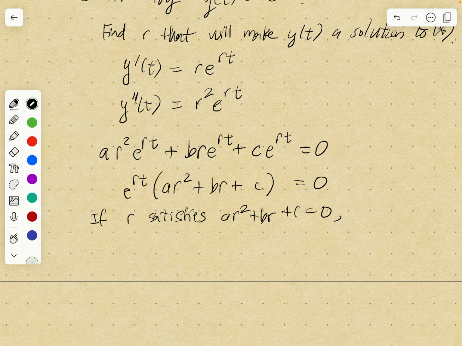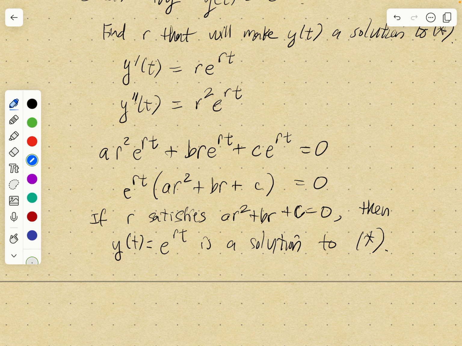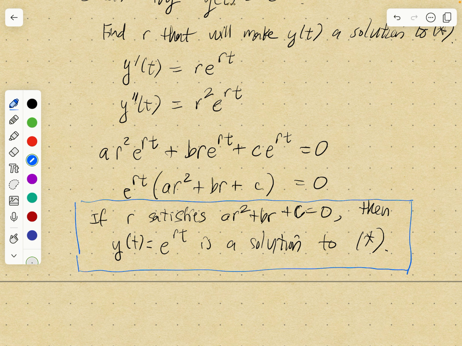If that's true, then y of t equals e to the rt is a solution to the differential equation. Let's put a box around that to indicate that's important. Okay? So let's do an example.